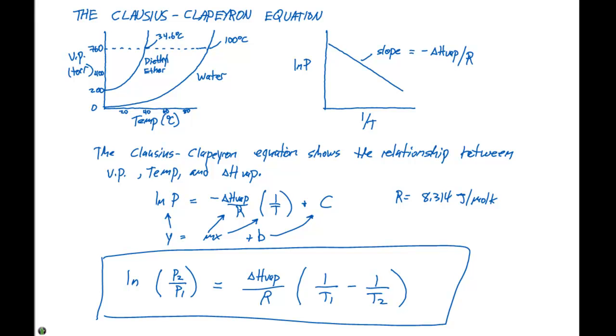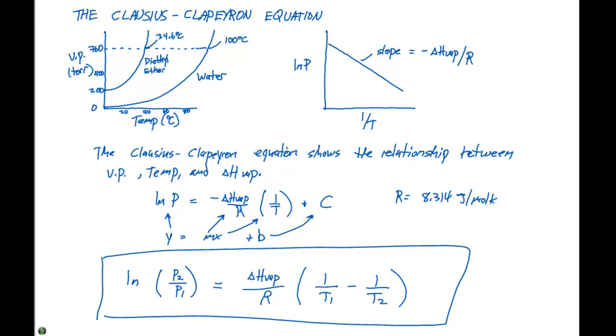I know it may have been a while for some of you when you're looking at natural logs and trying to solve an expression with 1 over T1 and 1 over T2 in parentheses, where we're subtracting, but make sure you're able to manipulate this expression and solve problems using this two-point form of the Clausius-Clapeyron equation.